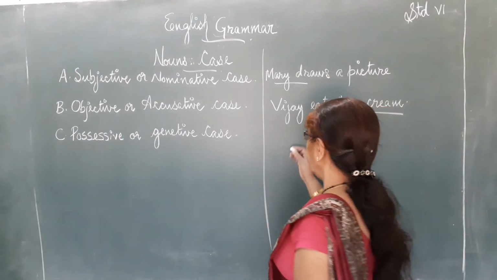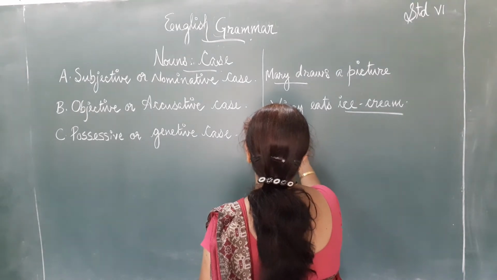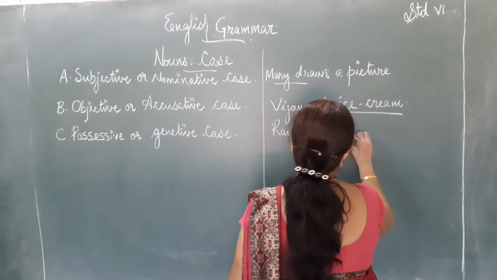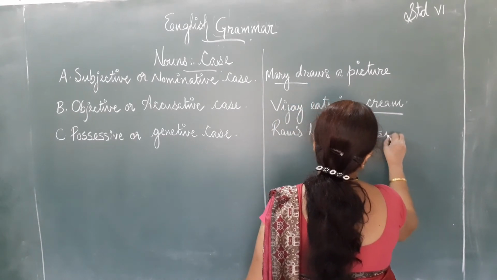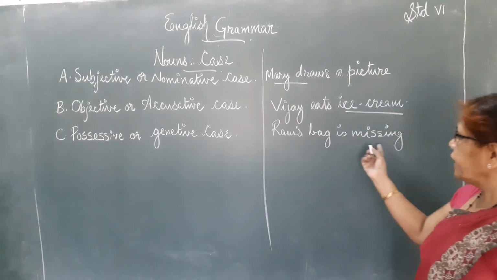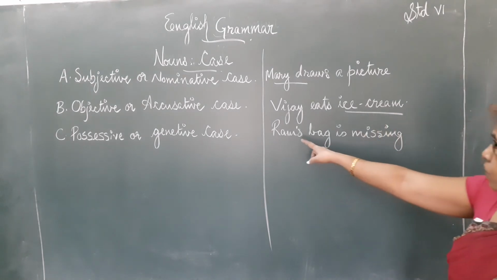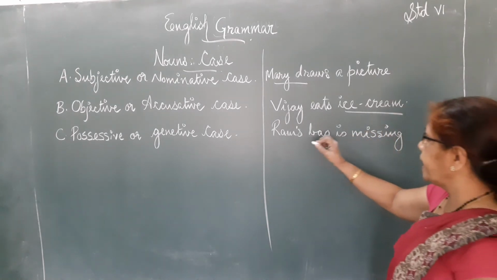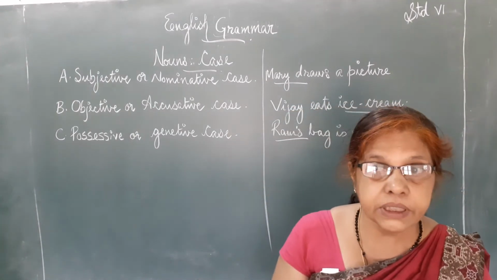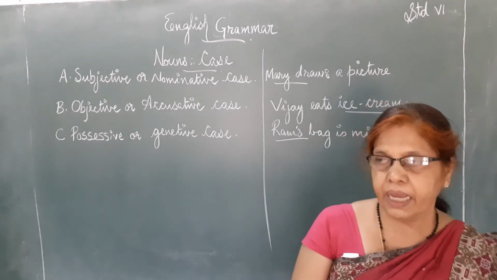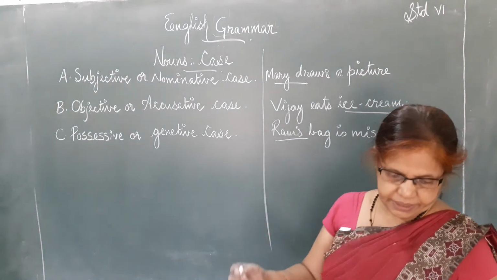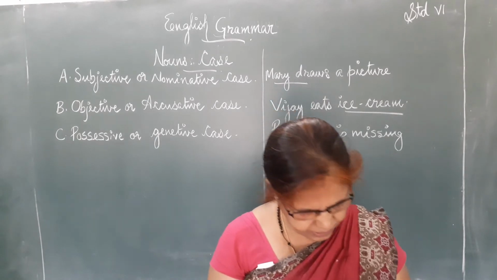For example, Ram's bag is missing. Whose bag is missing? Then we will get the answer, Ram's bag. So here it is the possessive. Whose bag? Ram's bag. That is known as the possessive or genitive case.